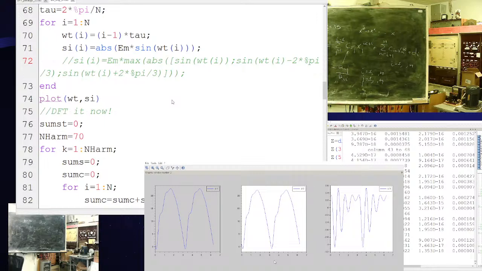What about current? Here are my currents. First, for example, you see the second branch current. Huh? One moment.